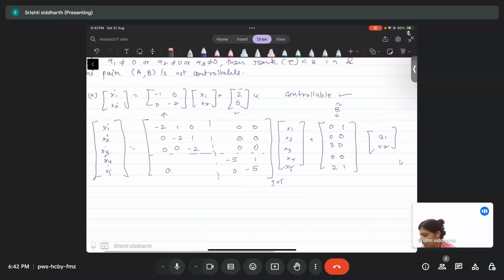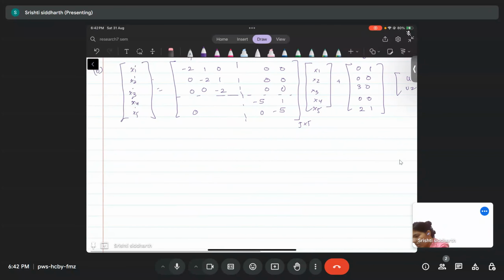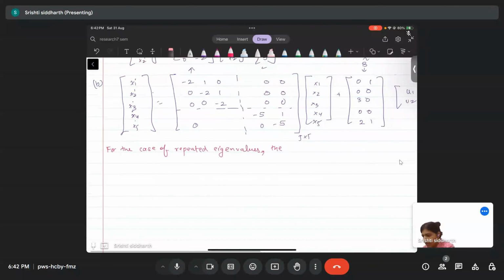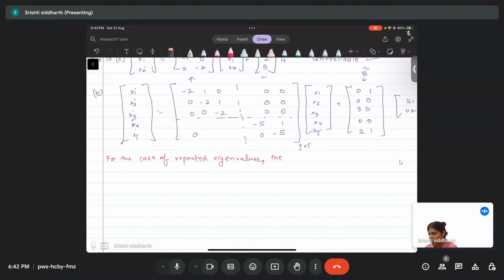Okay, so in case of repeated eigenvalues, how do you check the controllability by looking at the B tilde matrix?